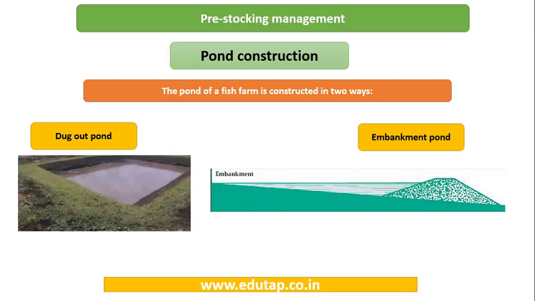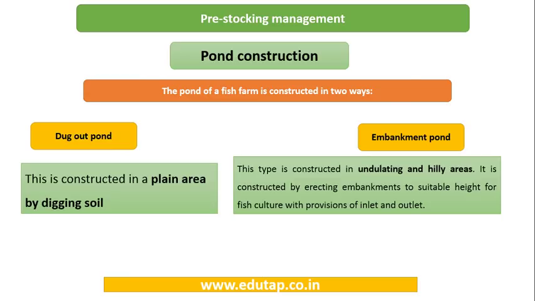A dugout pond is just like a normal hole that you dig out, right? Embankment ponds involve raising barriers, and these are usually done in hilly areas where the land is not flat. So there can be a very simple question on these two methods as well. Kindly make sure you're aware of it, right?